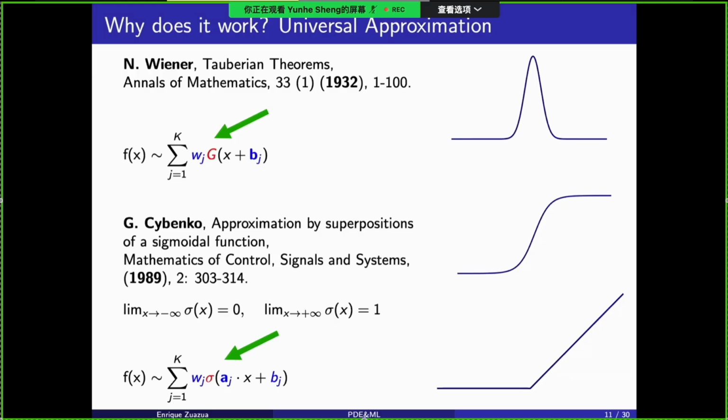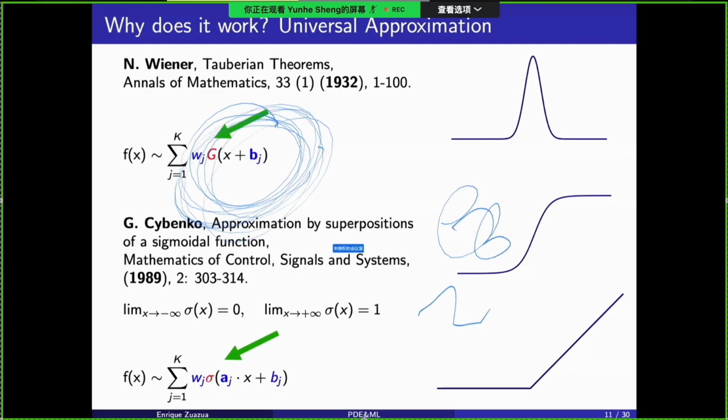So now look. What are the parameters now? The parameters are the WJs and the BJs from 1 to K. And the output is the sum from 1 to K of WJ G(x plus BJ), right? And this is our model, which is, say, a function in L2 of R^d, right?